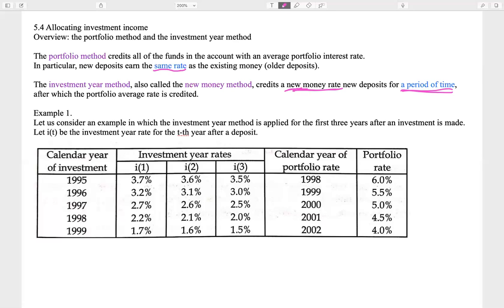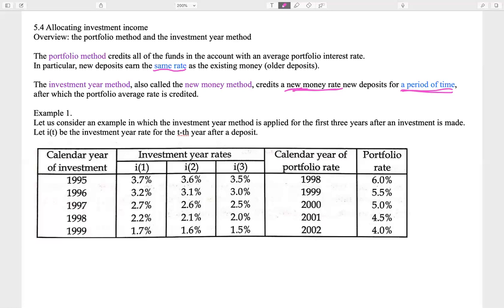After that, it goes back to the portfolio method. After the initial period of time, they are mixed. They are the same. You no longer distinguish between the previously new money and the much older money. So basically, we discriminate only for a given period of time.